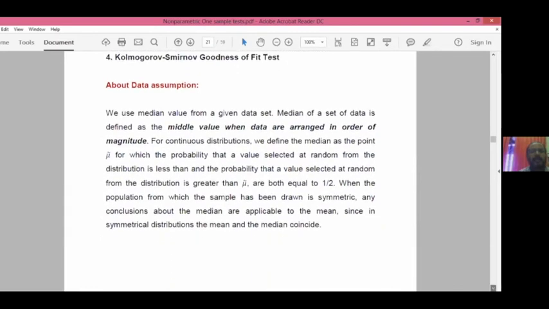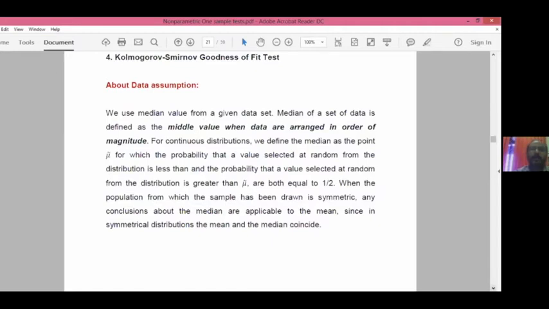Further, about the data assumption, we use the median value here from a given data set. The median of a set of data is defined as the middle value when data are arranged in order of magnitude.